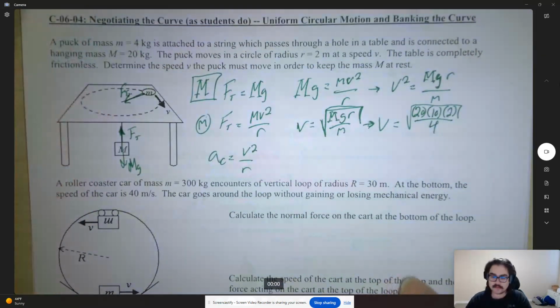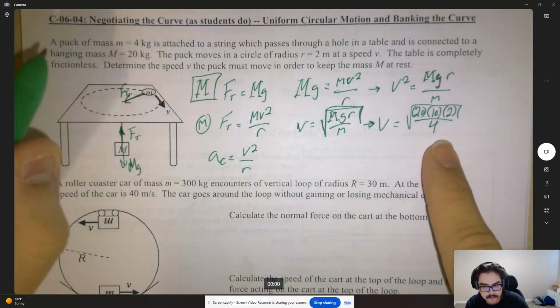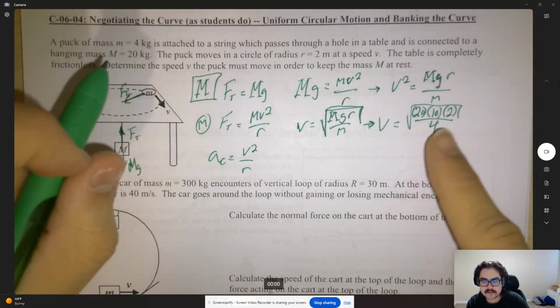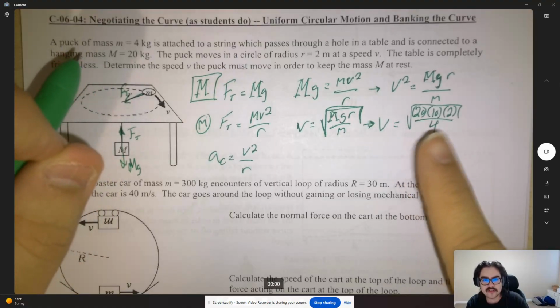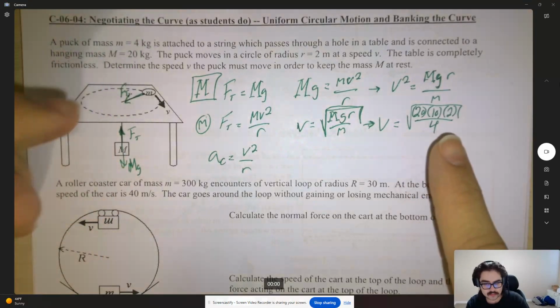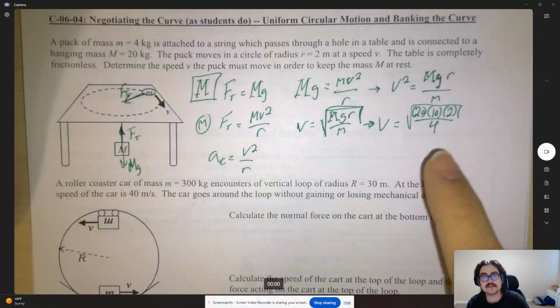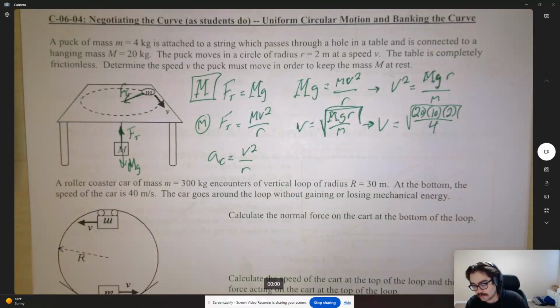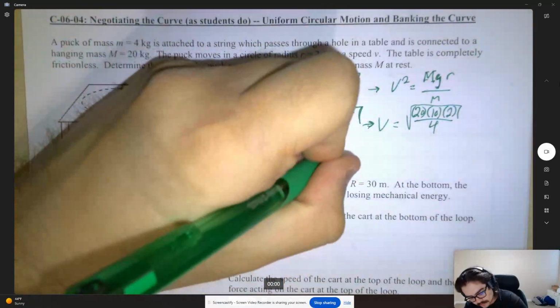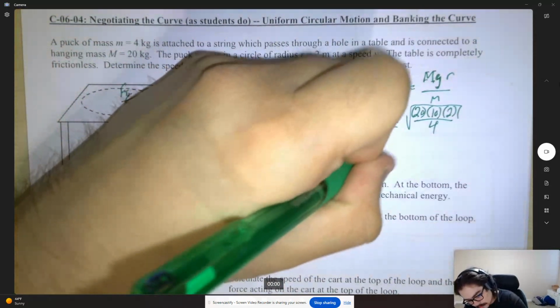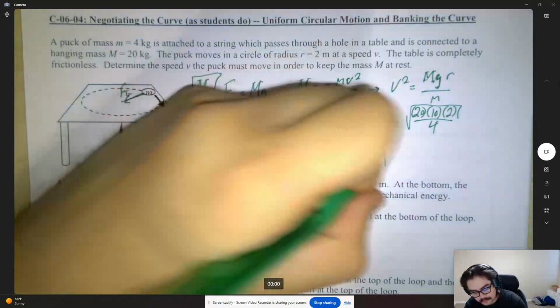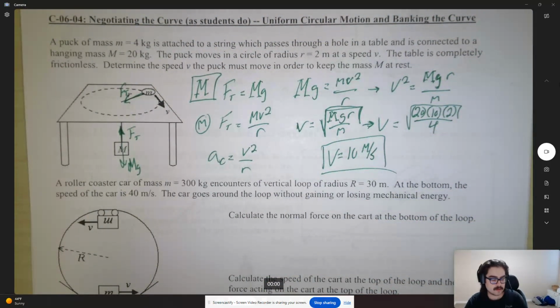So you calculate the whole thing out. 20 times 10 is 200, times 2 is 400, over 4 is 100. Root of 100 is 10. So I should get that velocity is equal to 10 meters per second. That's the minimum speed required. It'll keep the bottom mass at rest.